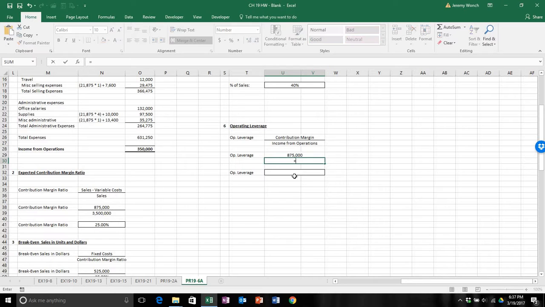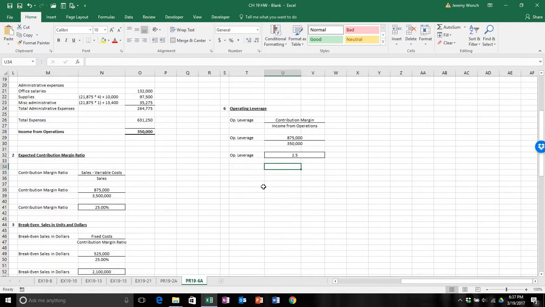And we divide that by our income from operations, which we calculated over here. So it gives us an operating leverage of 2.5. That means our contribution margin is 2.5 times total profit.